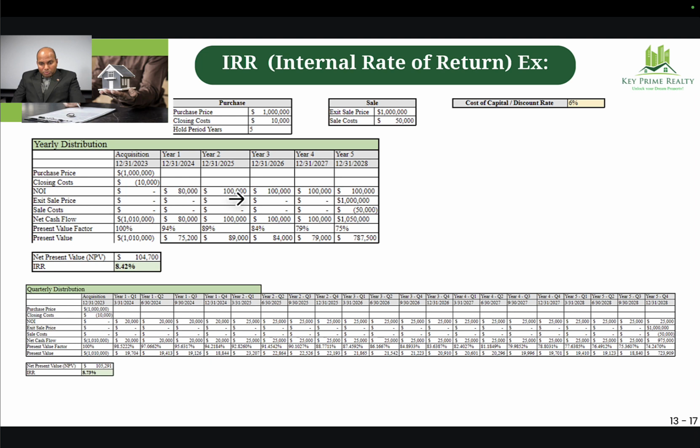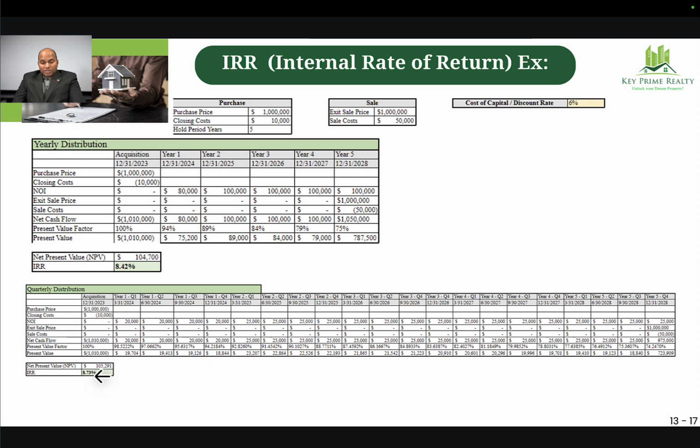The same distribution, if it is done quarterly, see year one it is 80,000. Instead of 1 yearly distribution, say we're doing 4 distributions. So you have money coming sooner, and the internal rate of return increases. The amount of money that you receive is the same, but at more regular intervals, your IRR increases.